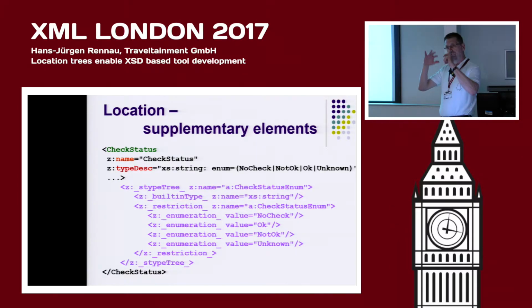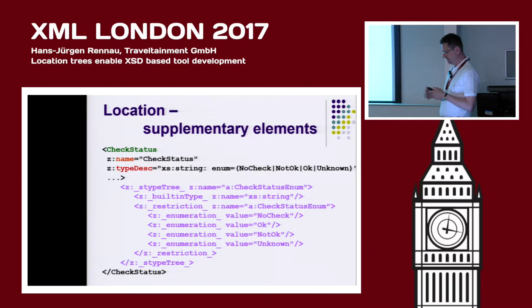The full document model also contains supplementary elements which are not part of this backbone giving you the structure. They are used to give additional information about the element and attribute locations which could not be accommodated in attributes.